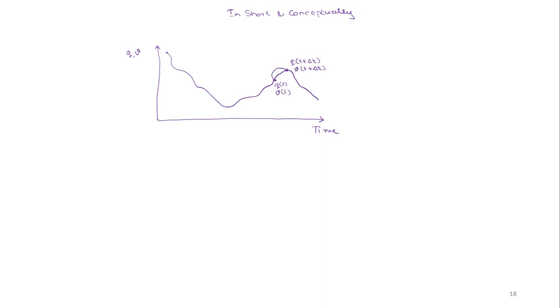Okay, so the thing is that the coordinate and velocities at the current time step can be computed from the coordinates and velocities of the previous time step.